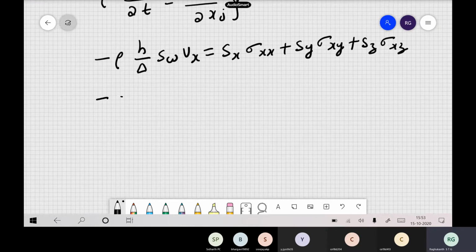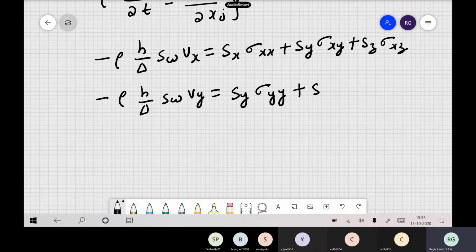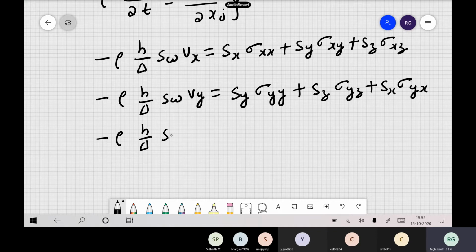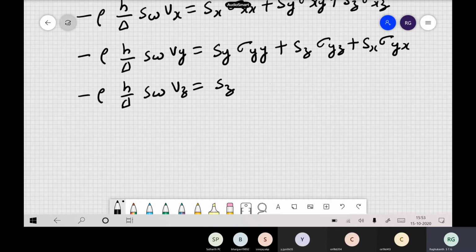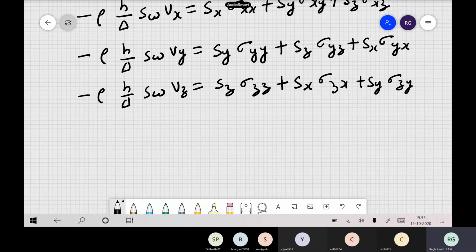Now the second equation: minus ρ h/Δ s_ω into vy, the velocity in the y direction, equals sy σyy plus sz σyz plus sx σyx, and the other one, minus ρ h/Δ s_ω into vz, the velocity in the z direction, equals sz σzz plus sx σzx plus sy σzy. So these are the 3 equations.